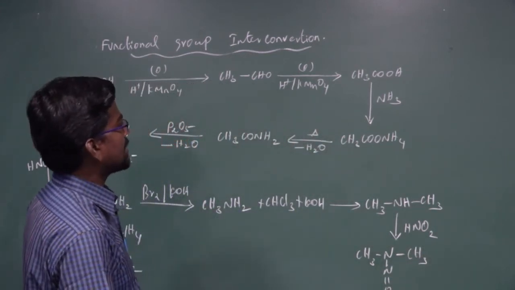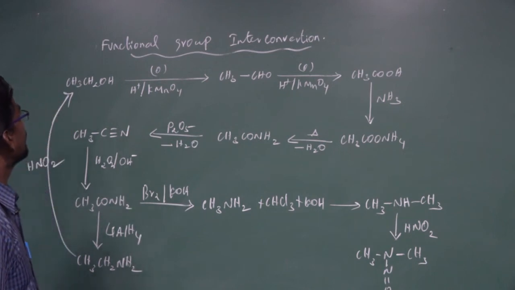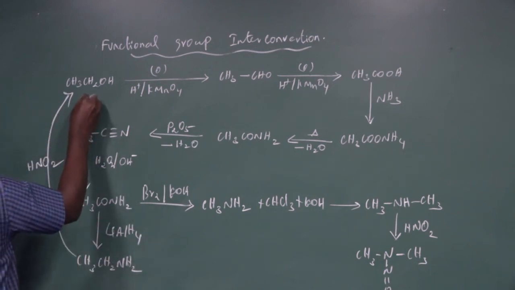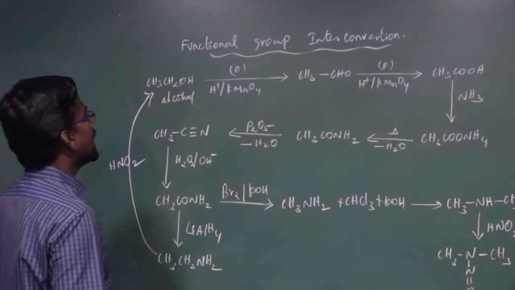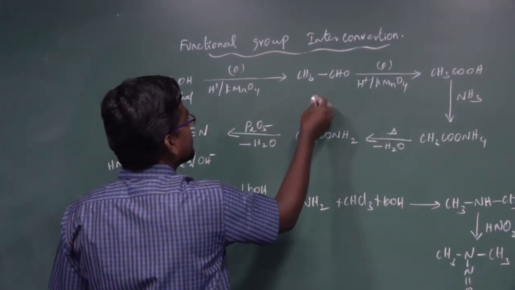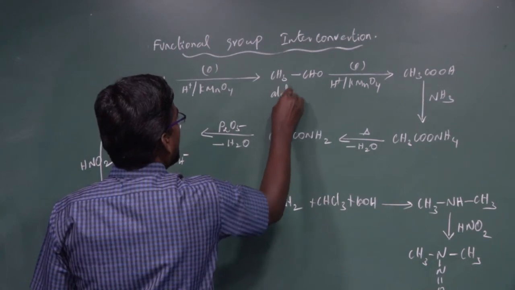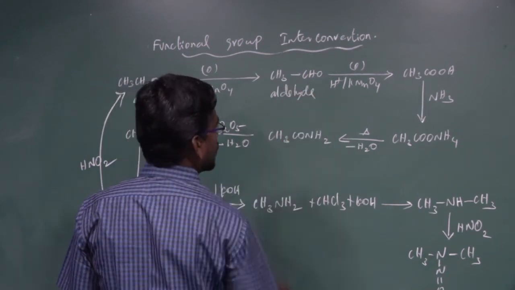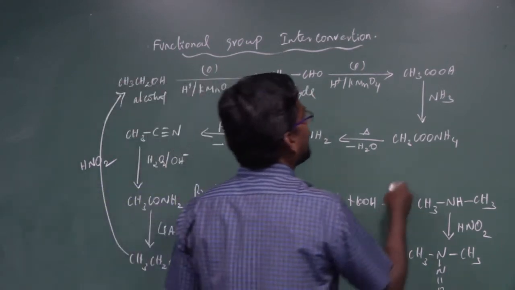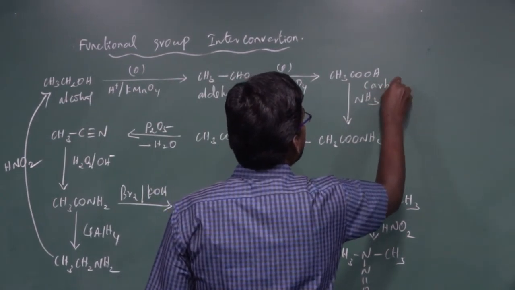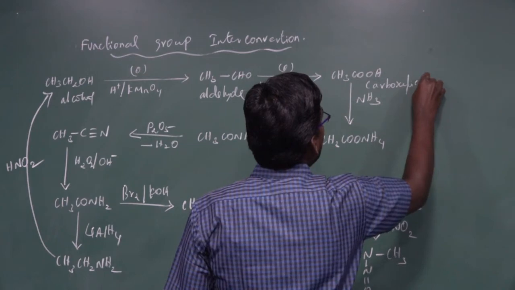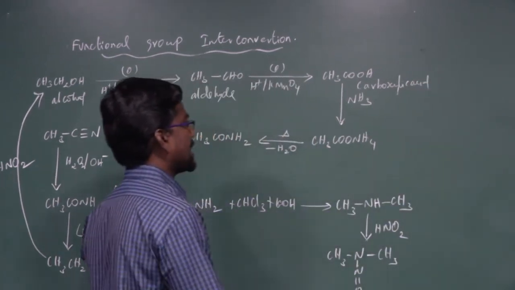What functional groups are there? Different functional groups are there. For example, the alcohol functional group can be oxidized to form aldehyde. The aldehyde functional group can be further oxidized to form carboxylic acid.